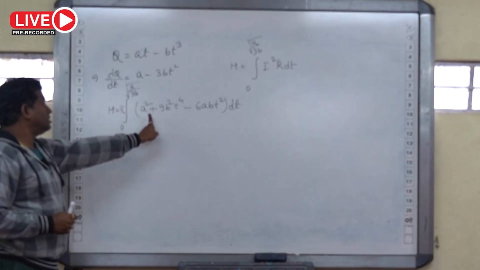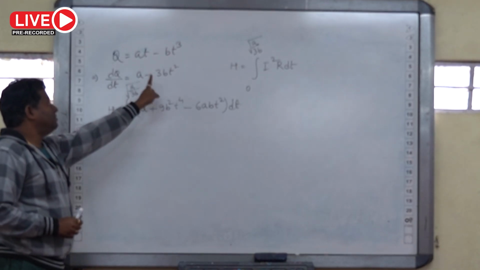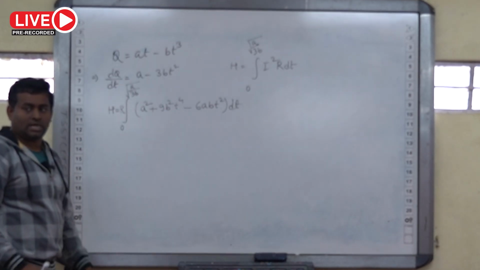After squaring, this one is A square plus 9B square t4 minus 2AB, that means 2A into 3B t square, means minus 6AB t square.